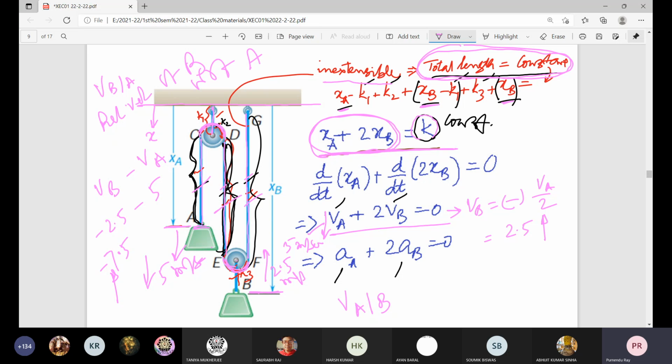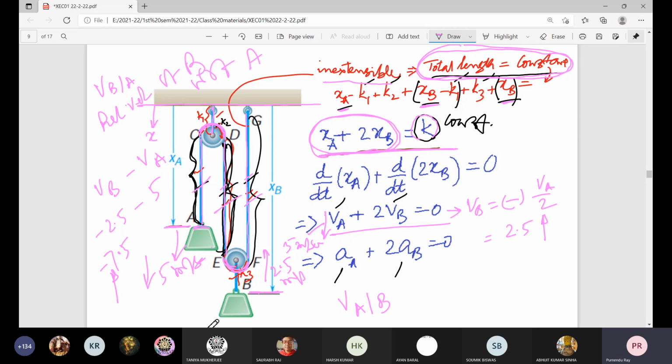That relative velocity part may be included in some problem, so please include this calculation and that idea. If it is possible for you to understand the relative motion of B with respect to A or A with respect to B, it will give you some confirmation. Otherwise, simple mathematics will get you to the required answer.